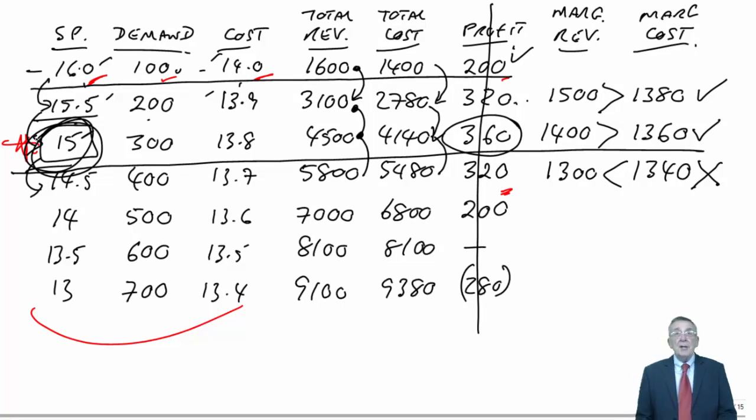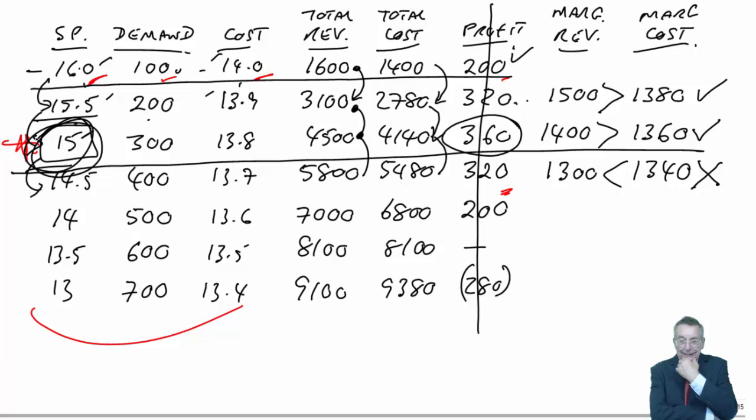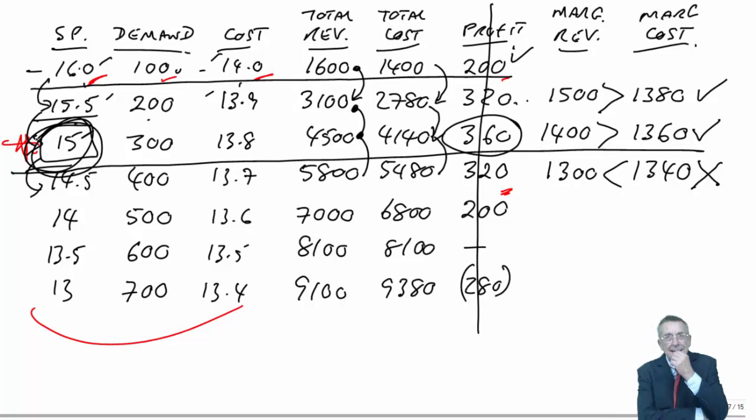But I think you'd accept, in real life, even if we did have all the information, why should you be restricted to 50 cents? Why couldn't you keep dropping the price by 1 cent? And so although of our choices, 15 is best, maybe $14.90 might be better. Or $14.80. I think you see my point.